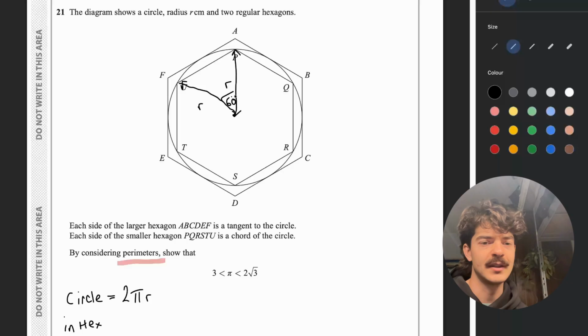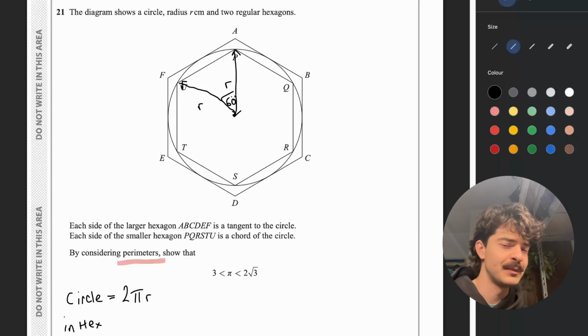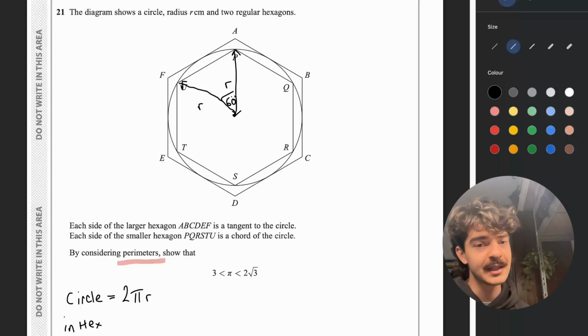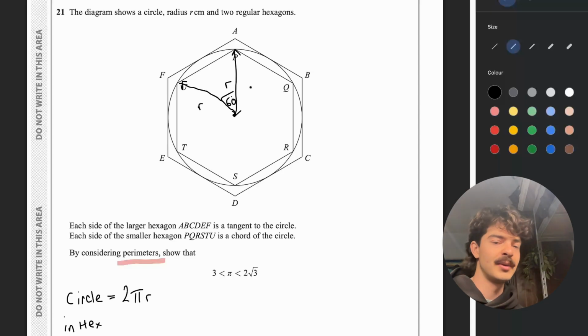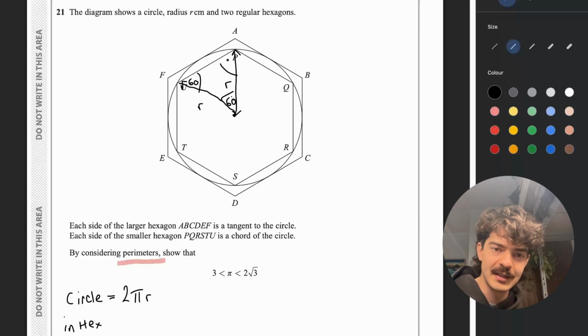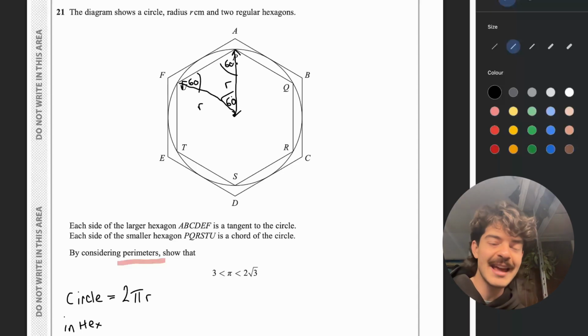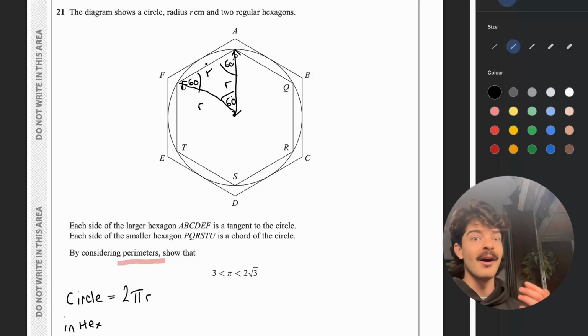Now this is starting to hint that something interesting is going on. This could certainly be an isosceles triangle, right? Because we've got two lengths that are the same length, r and r. With isosceles triangles, that means that the two remaining angles must be the same. But of course, this one's 60, so these must both be 60. And not only is it isosceles, it's therefore equilateral. This length over here is therefore r, right?